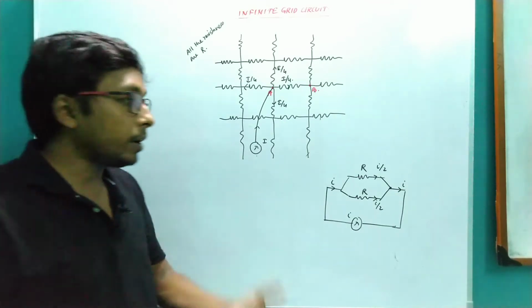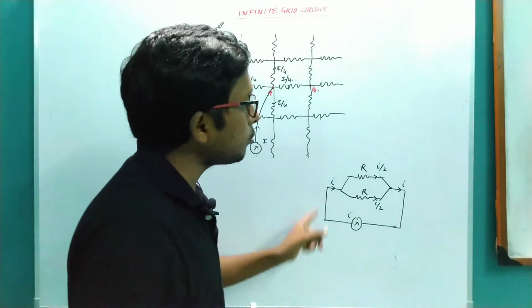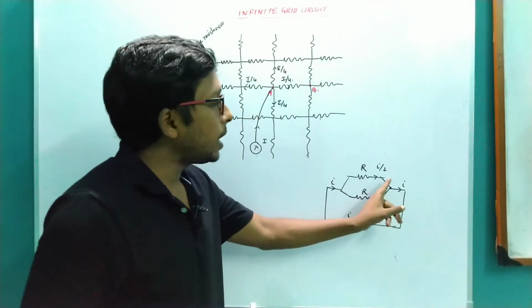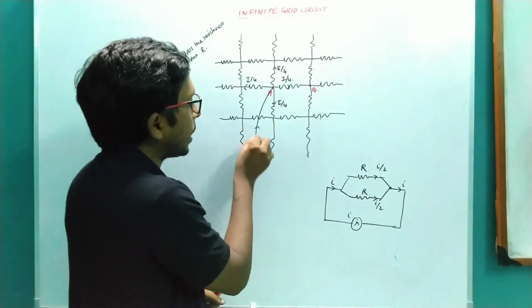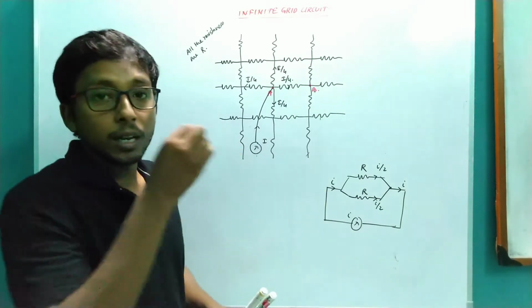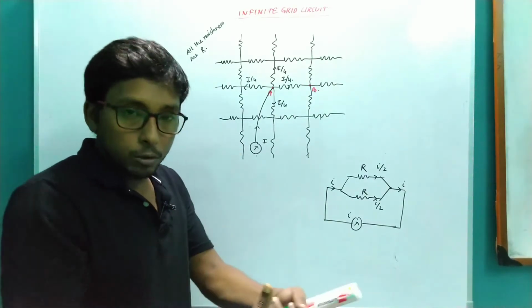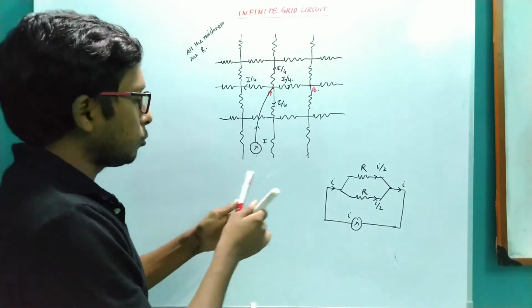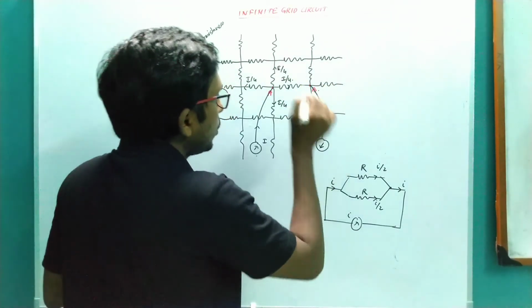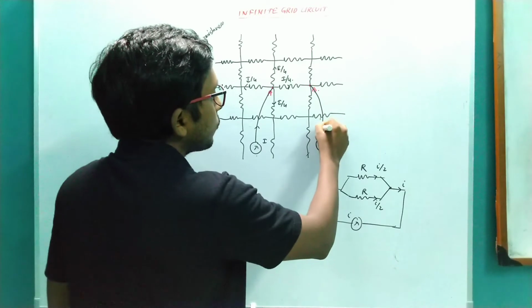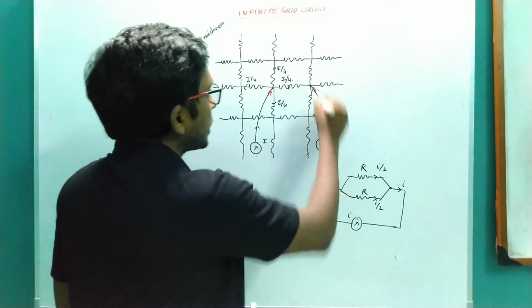Now to calculate equivalent resistance, we know that the same amount of current I have to take back from the other terminal. So I have to take back the same amount of current, that is I, from the terminal B. So to do this, what I have to do? I have to connect another current source which is drawing the same amount of current I from the circuit.